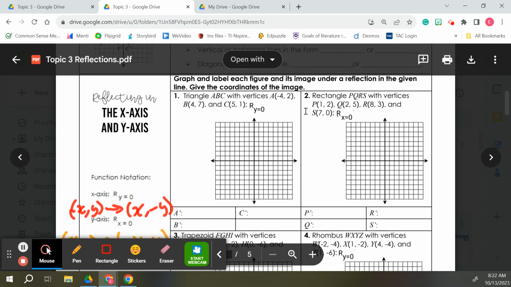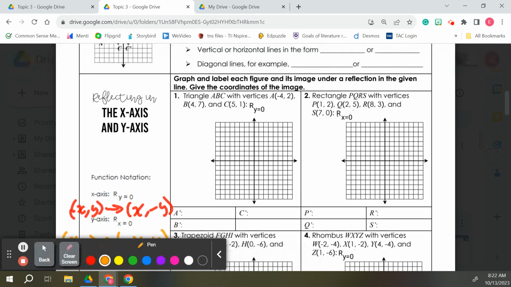All right, if we take a look at these first two, we have one that is about the x-axis. Remember, this means x-axis. And this one ends up being the y-axis. Let's just take a moment and plot these points, okay?